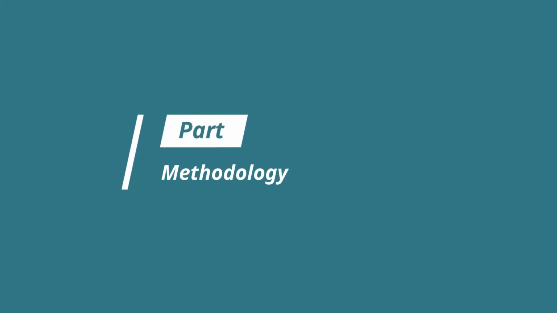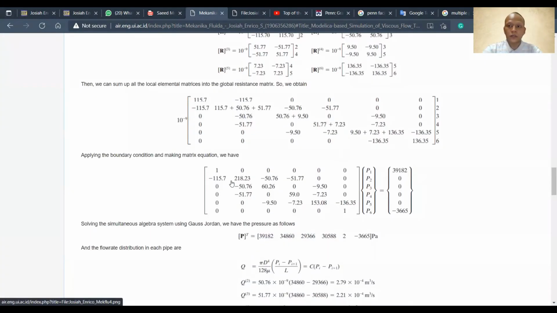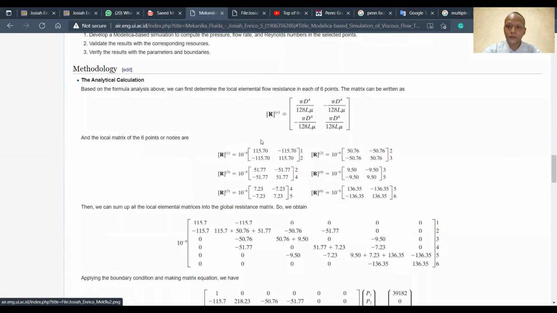Let's move to the methodology. There are two parts. The first one is the analytical calculation, and the second one is the simulation program. In the analytical one, we are going to use the second equation we kept from above. This is the local elemental flow resistance of fluid flow.